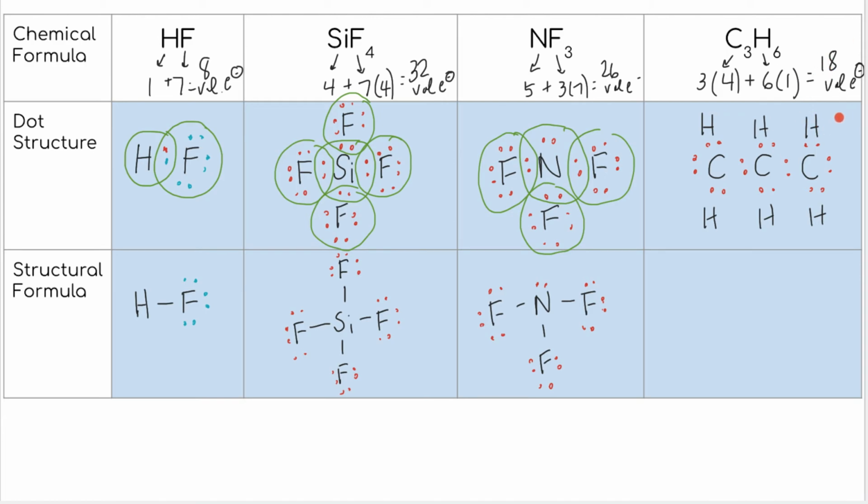So here's what I'm going to propose we do for this example. I'm going to erase one of the hydrogens on the center carbon, and I'm going to bump that hydrogen to the end here. But then what's happening is that this central carbon now only has 6 valence electrons around it, and this end carbon on the right has these 2 just floating on the end here.